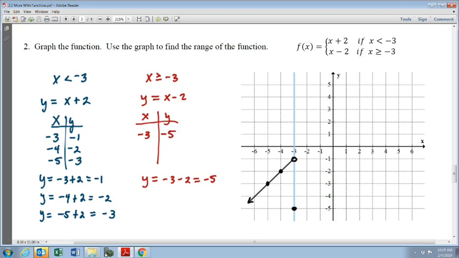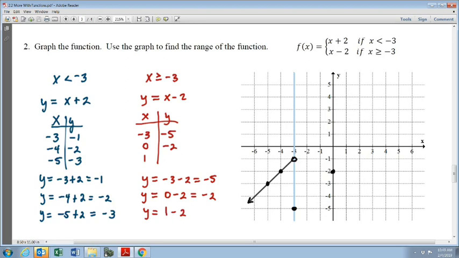Let's go ahead and pick another x value. I'm going to go ahead and pick 0 just because it's a little bit easier to work with. I can pick anything to the right of x equals -3. So let's plug in 0. We get 0 minus 2, which is -2. So that's that point. And let's plug in one more. 1's another nice number to plug into functions.